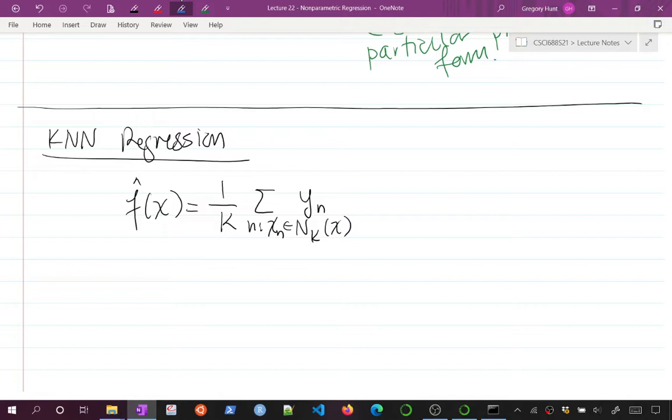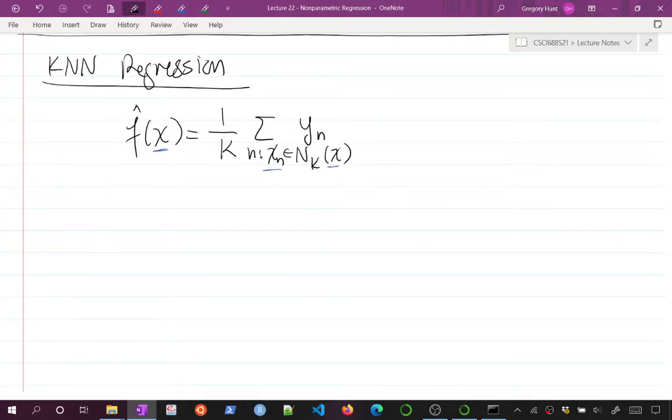Really kind of cumbersome to write, but it's a simple algorithm, right? You have your training data, and you have some point x you want to predict. I'm going to look at the xn's in my training data, pick the k that are closest by whatever distance metric to my x, and I'm going to average their corresponding y's.